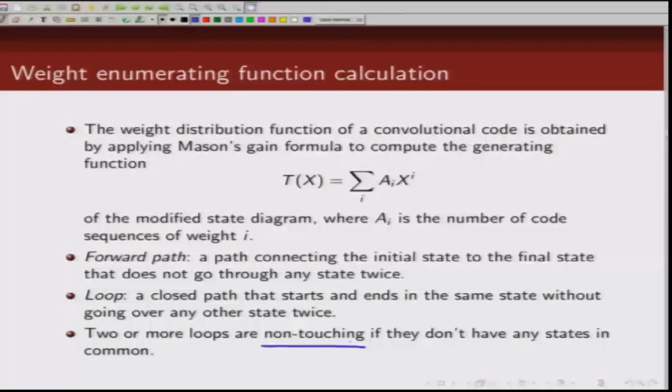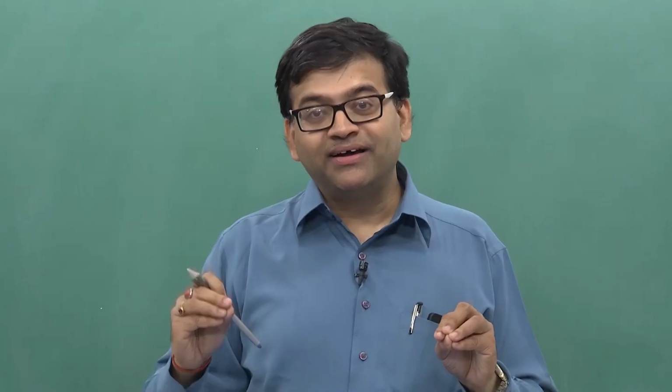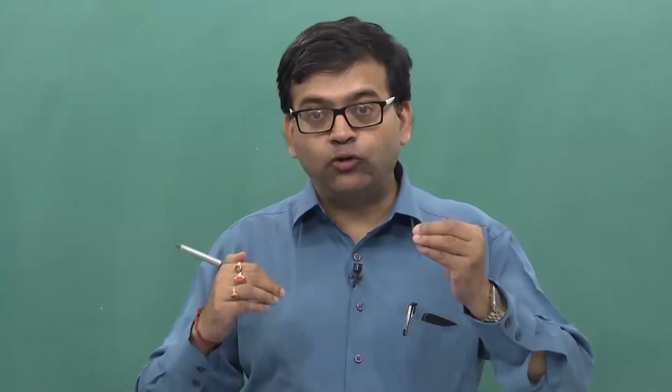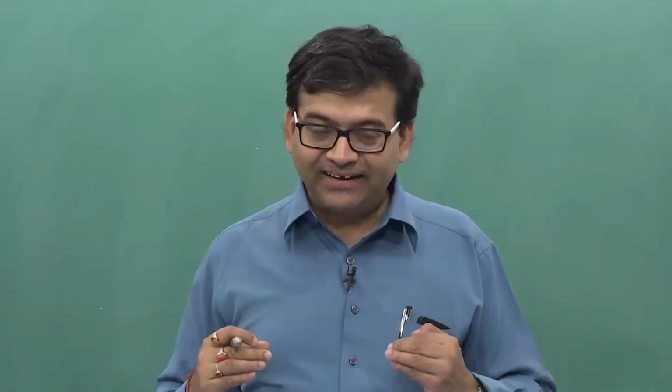Again, I repeat these three definitions. A forward path is a path from the initial state to the final state without visiting any state twice. A loop is a closed path starting and ending at the same state without going over the same state twice, and two or more loops are non-touching if they do not have any state in common.